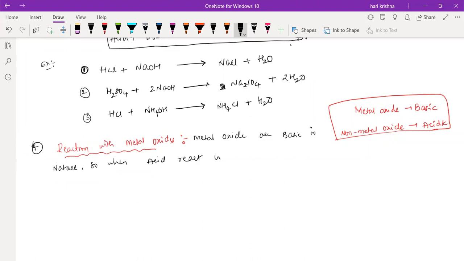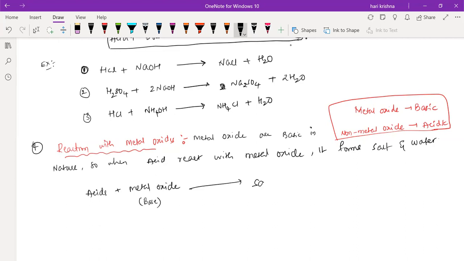So what will happen when the acid reacts with the metal oxides? It forms salt and water. So acid plus metal oxide, that is the base, always forms salt and water.